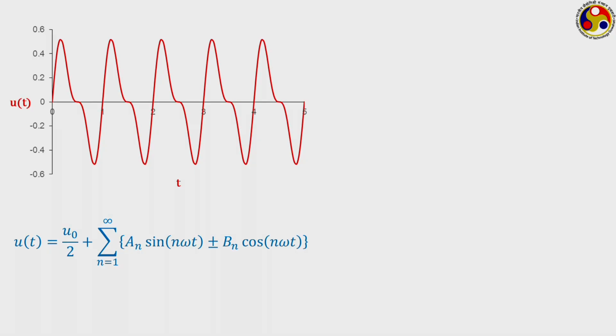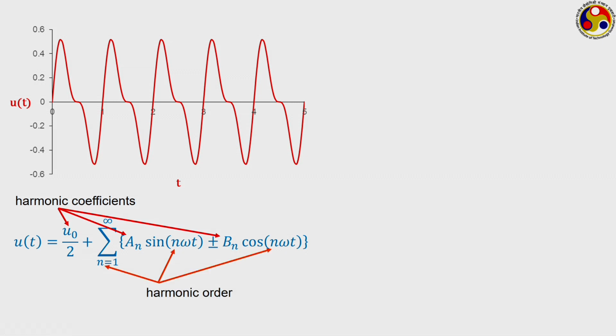So, this is a typical Fourier series of a periodic signal, where we have a constant part in the form of this and then the periodic part. Here these constants, that is a naught, a n, b n, are referred to as the harmonic coefficients, and the small n is known as the harmonic order.